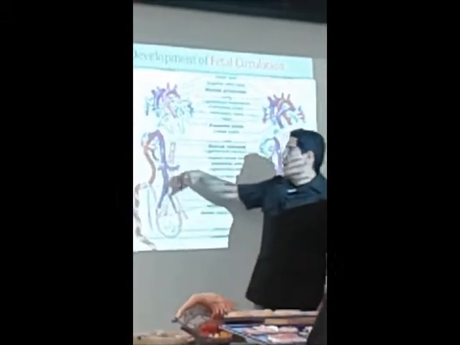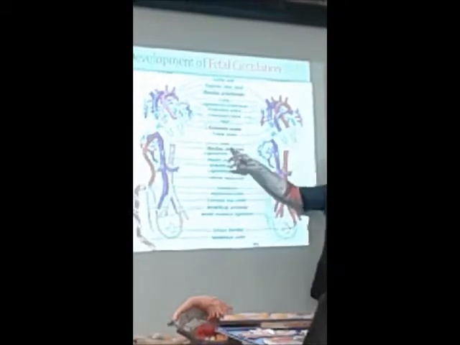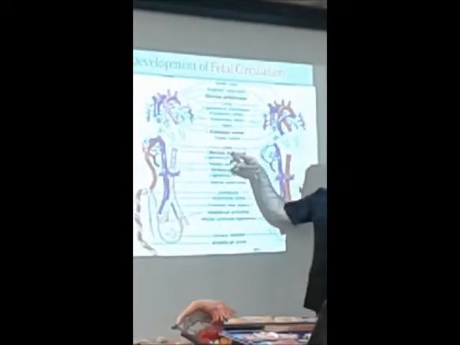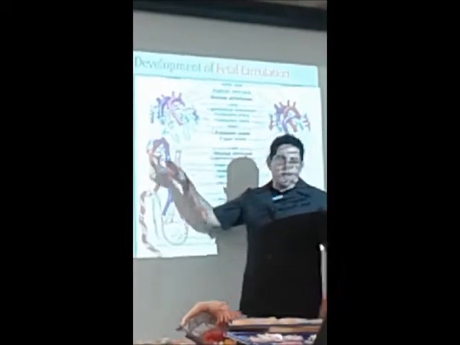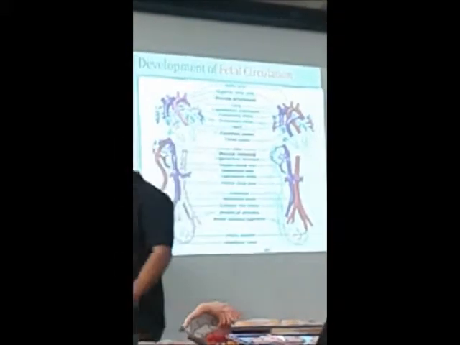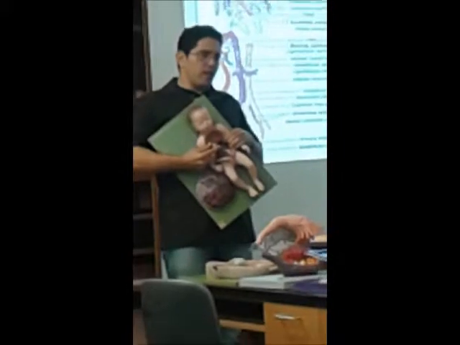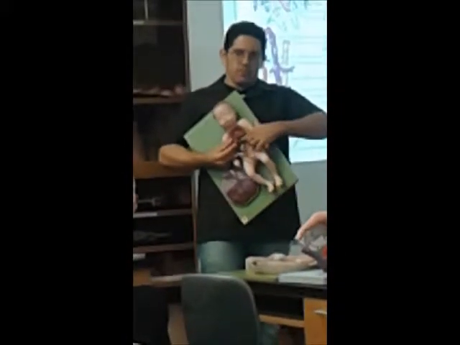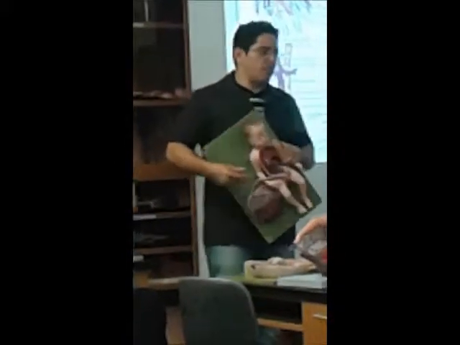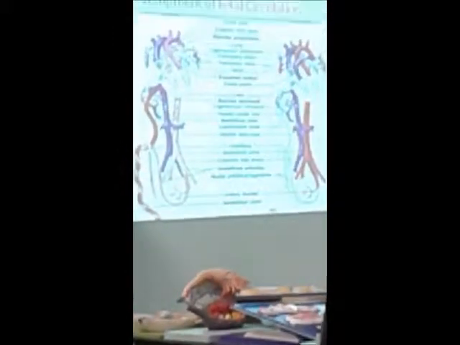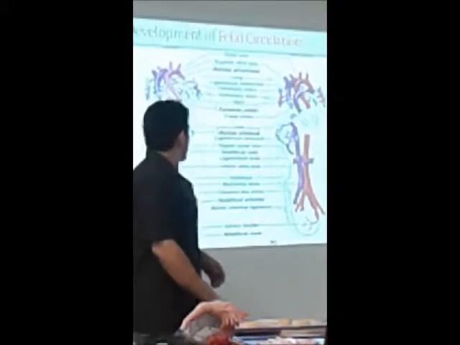So as the vein goes up, we have a ductus venosus. The ductus venosus bypasses the liver. And that one is this thing right here. If you see a label somewhere towards the middle of the liver, that is the ductus venosus, which bypasses liver circulation.